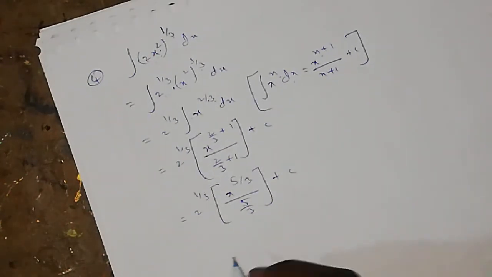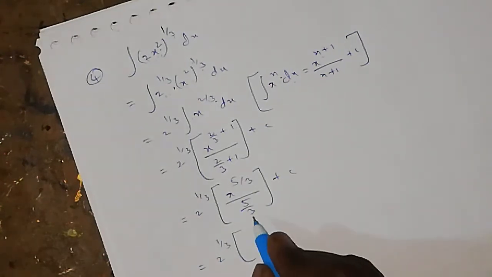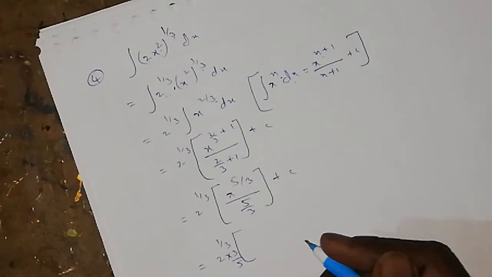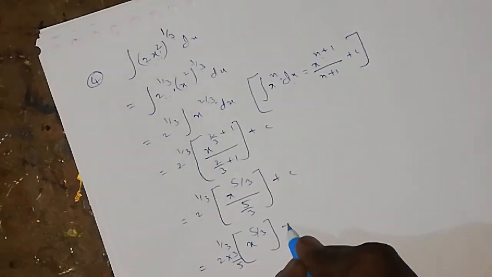So what are we getting here? 2 to the power of 1 by 3 into, take its reciprocal, 5 by 3 reciprocal is 3 by 5, into x to the power of 5 by 3 plus c.